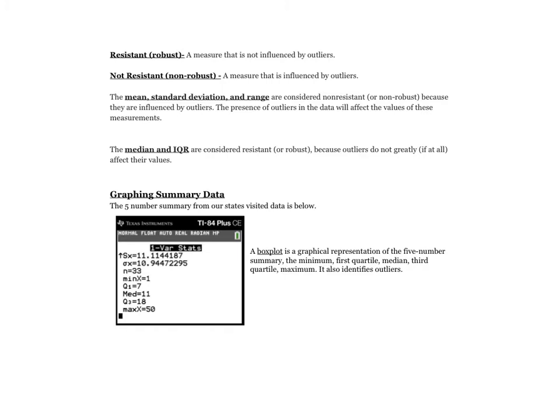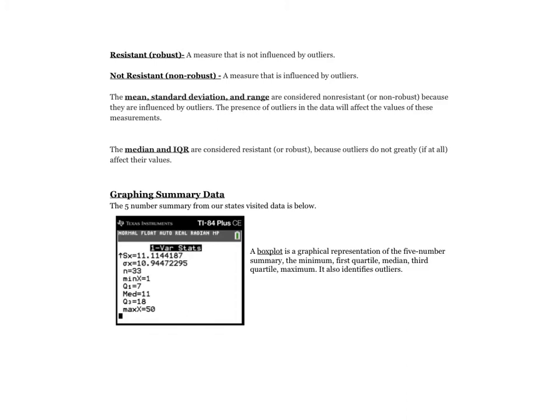So it's important to understand in statistics which calculations are resistant or robust and which are not. The mean, standard deviation, and range are considered non-resistant or non-robust because they are influenced by outliers. The presence of outliers in the data will affect the values of these measurements.